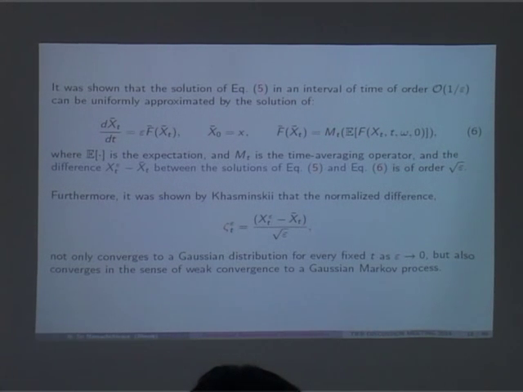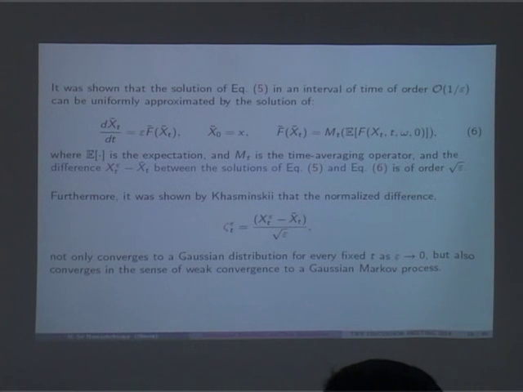M_T is the averaging operator, just 1 over T, limit T going to infinity, integral from 0 to T. That is my averaging operator. If this quantity is not 0, then dx/dt, the x dot, is a deterministic vector field. So even though you have a stochastic vector field, the averaged equation is a deterministic process on the time scale of 1 over epsilon. 1 over epsilon is the time scale on which this approximation is valid.